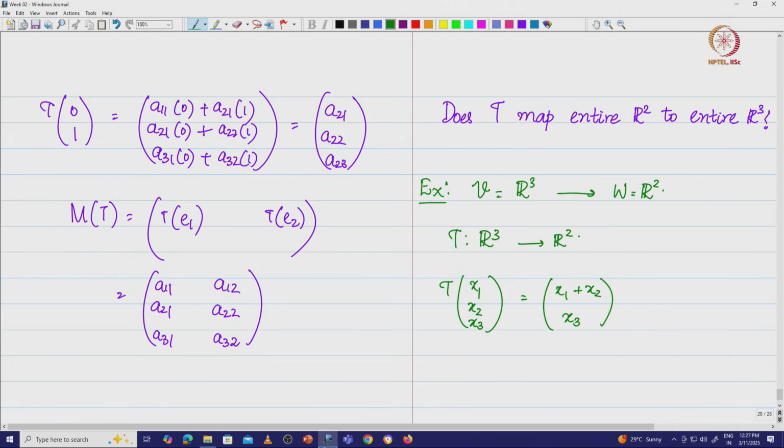So, you are going to look at the transformation on E1, what the transformation does to 1 0 0, what the transformation is on this vector 0 1 0, and what the transformation is on this vector 0 0 1. We need to study this. So, let us rewrite again. The transformation is going to take a 3 component vector and give me a 2 component vector, such that x1, x2 and x3 gives the vector that I get.